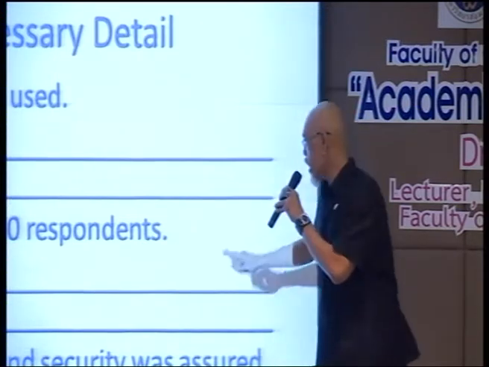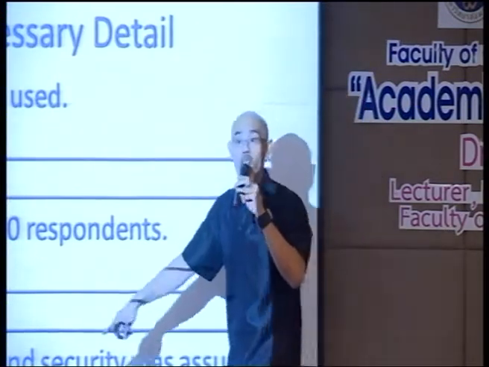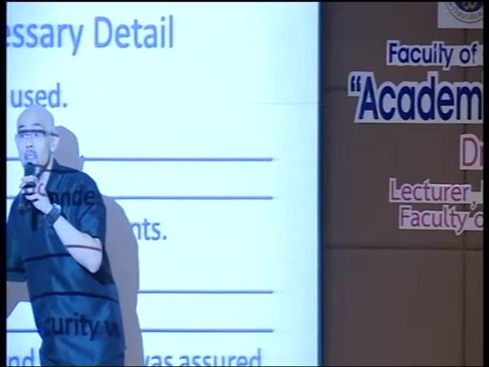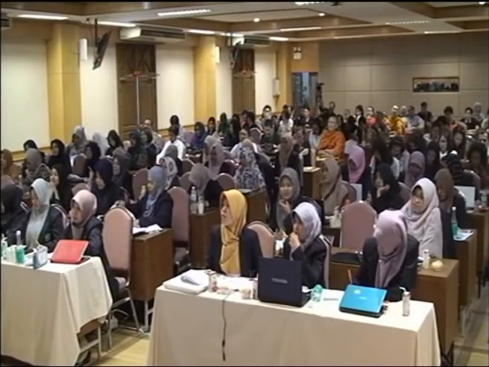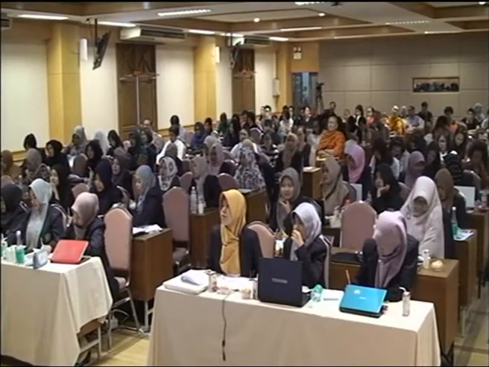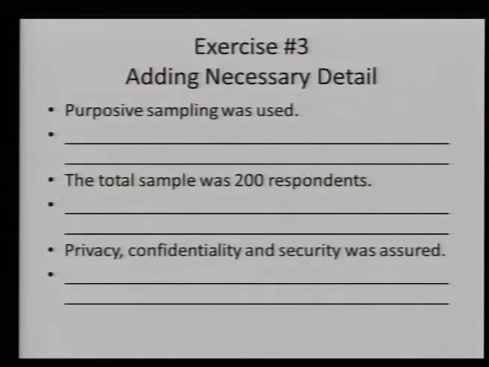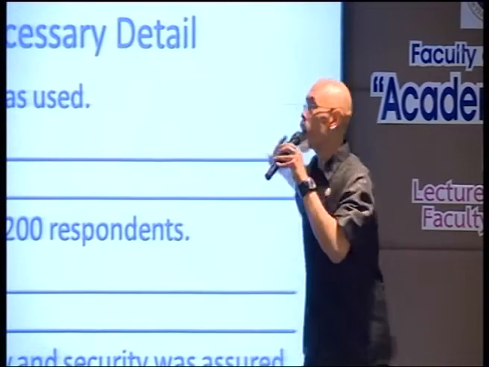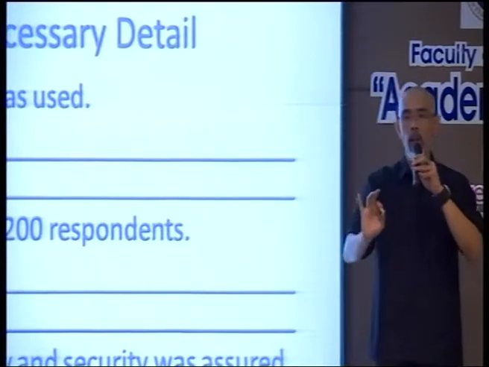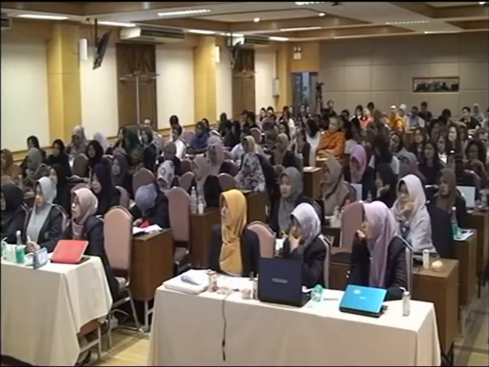Privacy, confidentiality, and security was assured by getting informed consent or having the respondents sign a consent form. This consent form was approved by the ethics committee or the ethical board or the internal review board of the university or the hospital. It's not enough to just give point form like this. You need to explain. Okay?